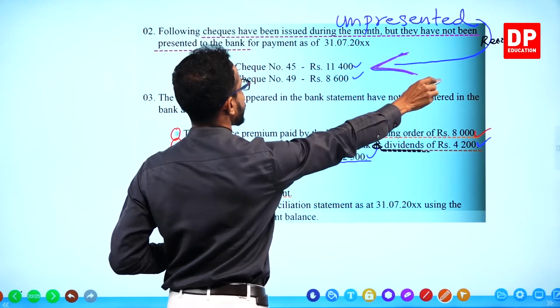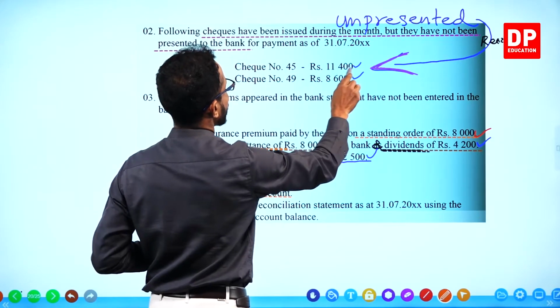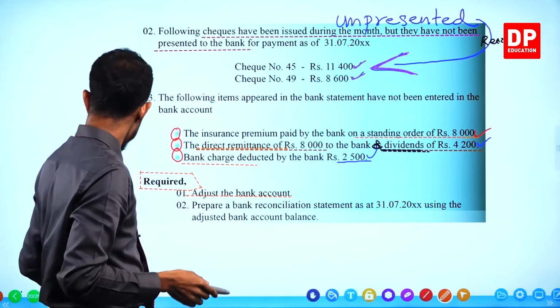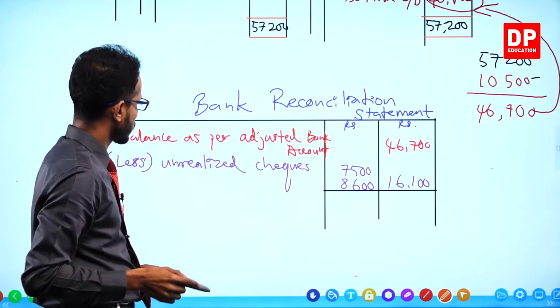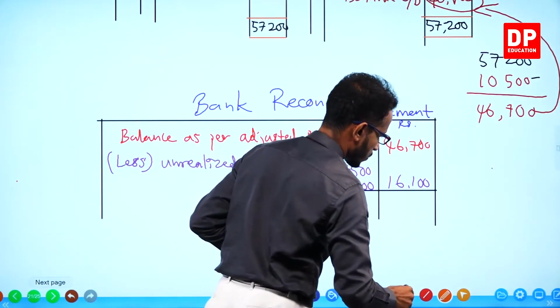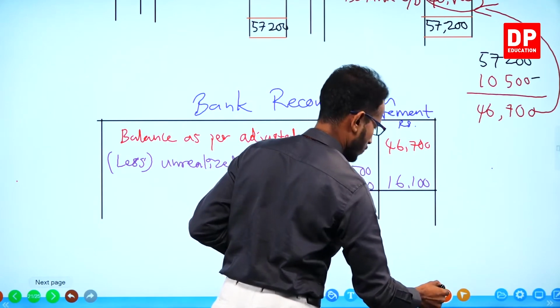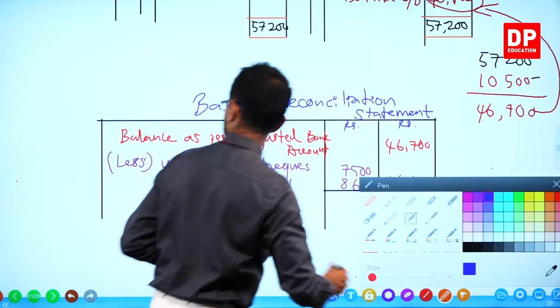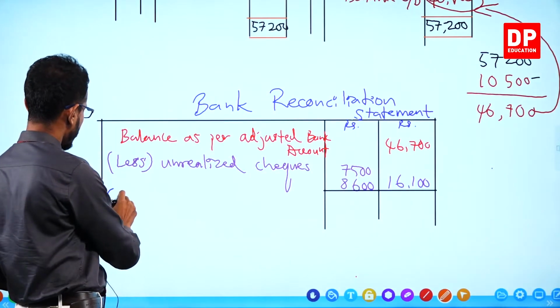We are going to add the unpresented checks: 11,400 and 8,600. Add $11,400 and 8,600.